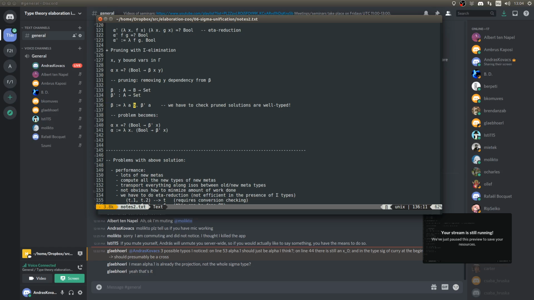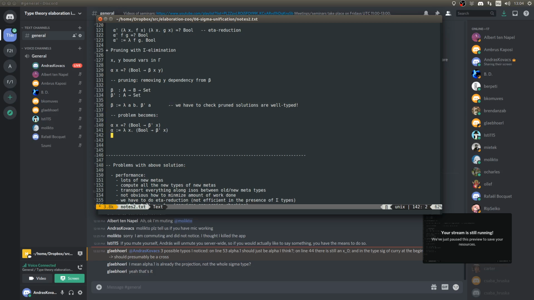Then generally it means that this is just not a well-typed thing. So additionally we have to check that after we are pruning everything from the type, it's still well-formed. Okay, so this is an example that probably we've already seen.